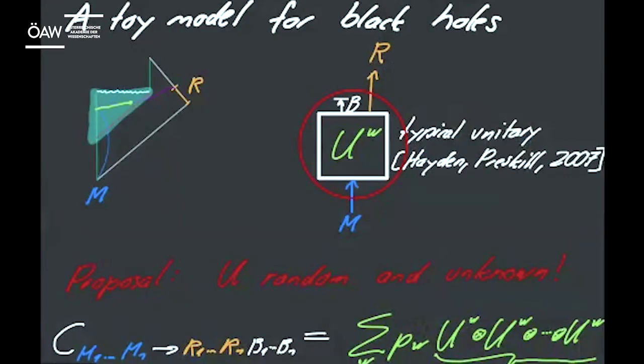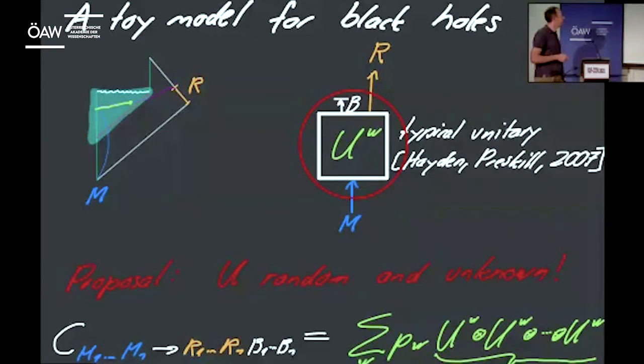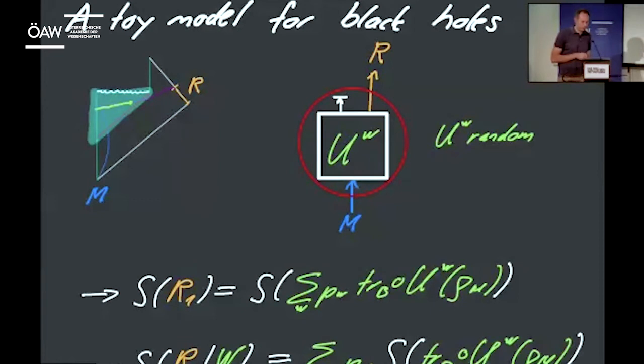So you see here, this picture is very much in alignment with the de Finetti structure that we had before. In a sense, this de Finetti theorem supports that picture that a black hole is described by a unitary, but this unitary is kind of random and unknown. And this also explains the two results.